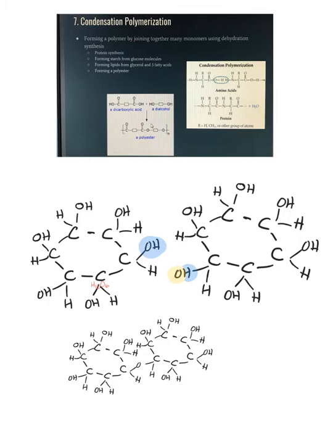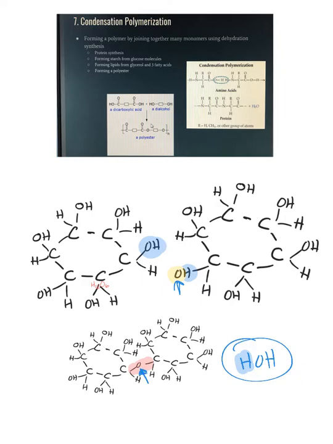Let's see if I can do it with a highlighter, it'll be easier for you to see. The H and the OH come out, I'll draw them in blue, and one O was left. That's this O, and that's the same O right there.